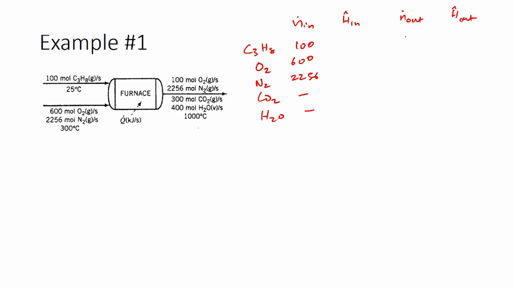The values for the outlet stream would be 100 moles of oxygen, 2256 of nitrogen, 300 moles of carbon dioxide and 400 moles of water.